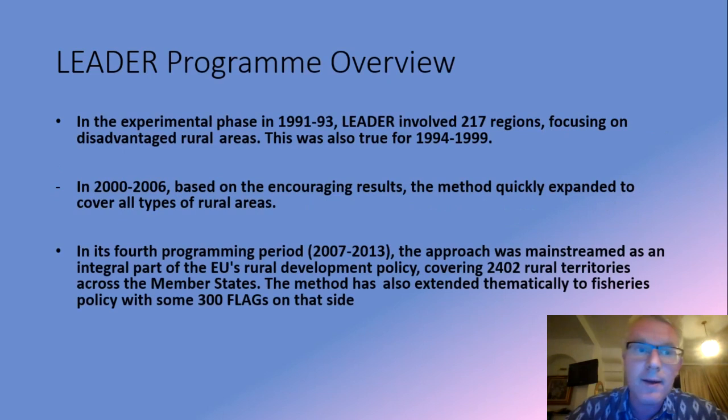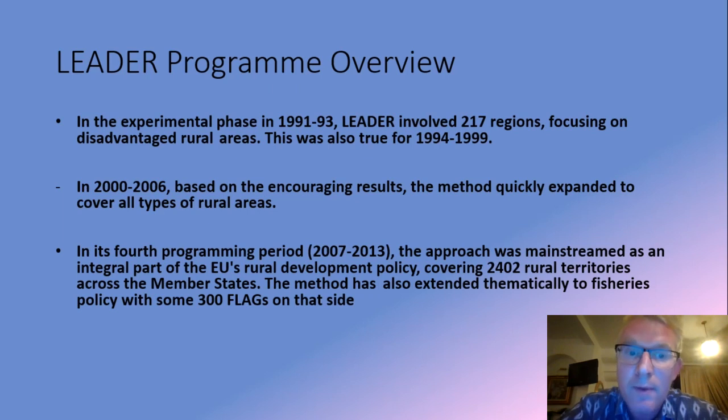So, in the experimental phase in 1991 to 1993, LEADER involved 217 regions, focusing mostly on those which were disadvantaged. This was also true for the 1994 to 1999 program period. In 2000 to 2006, based on the encouraging results, the method quickly expanded to cover all types of rural areas.